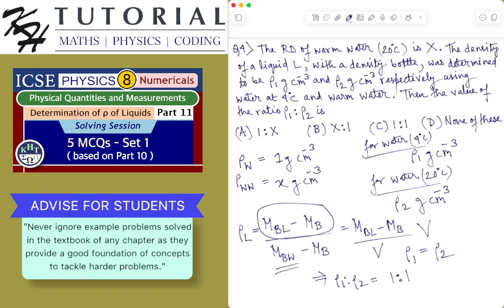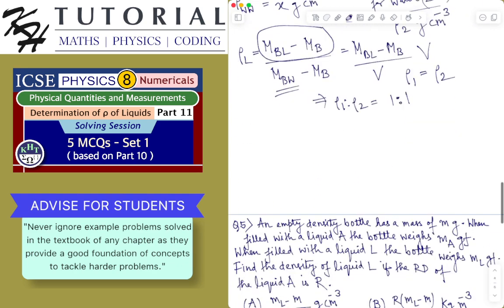The core idea is to find the volume and the mass of the liquid filling the density bottle. As long as the mass of the liquid L filling the density bottle is same, and of course the volume of the density bottle is same in both the experiments, the density of the liquid will be same. I hope I was able to solve this problem with the correct way of explanation.